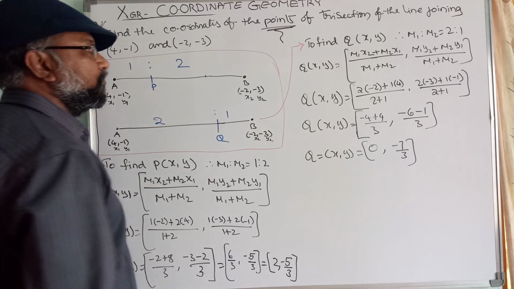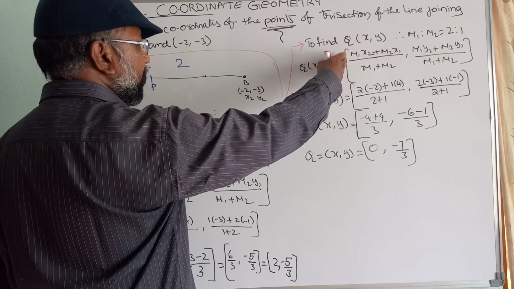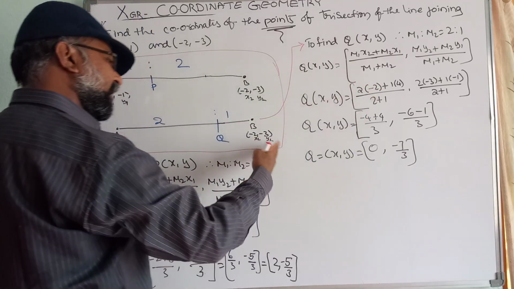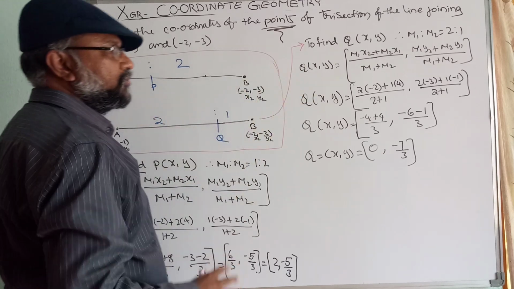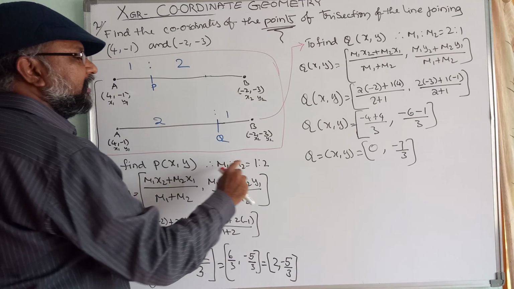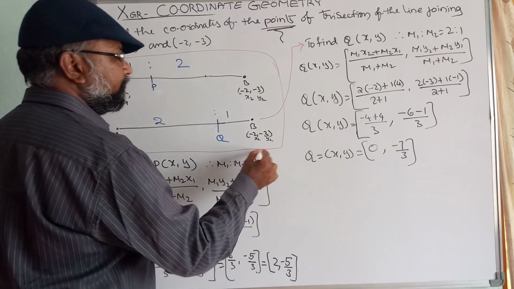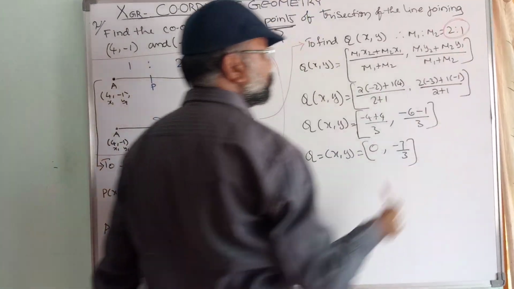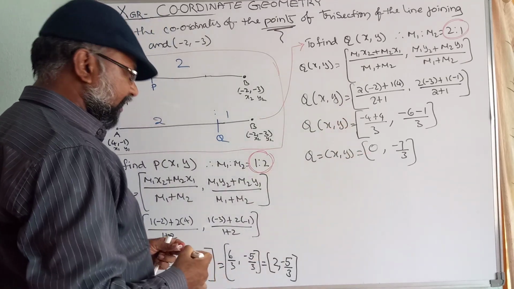So write down the formula, substitute x1 y1 x2 y2, the same x1 y1 x2 y2 are here and there also, but the only difference is the ratio. Here everything is the same, but the ratio is 1:2, and here 2:1. Substitute, simplify, you will get the answer.